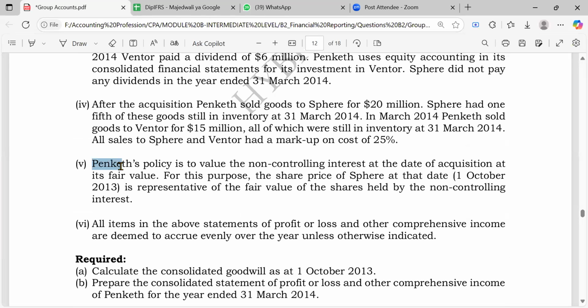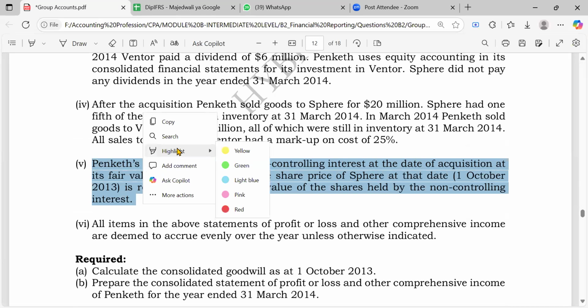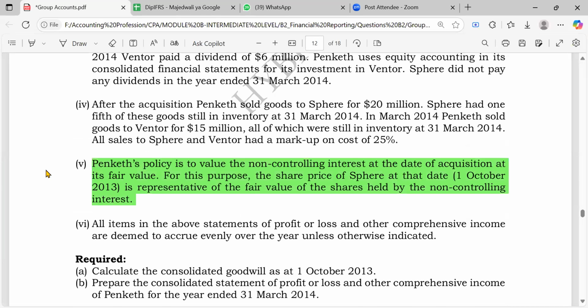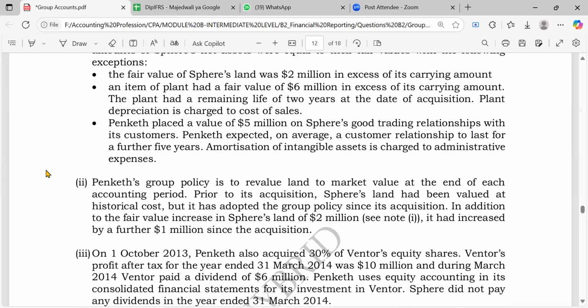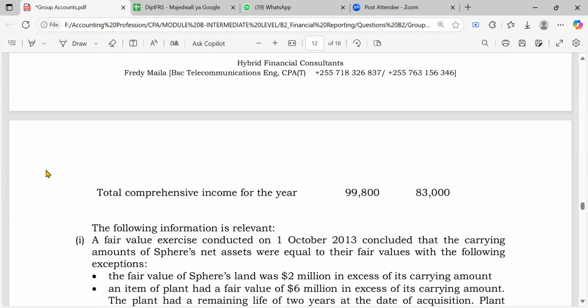There is always a note: the policy is to value non-controlling interest at the date of acquisition at fair value. So you're going to use the fair value. For this purpose, we usually use the share price of the subsidiary, and you can see here the share price of Sphere at that date can be used. So we use the fair value, so we can get it without getting the net assets, right?